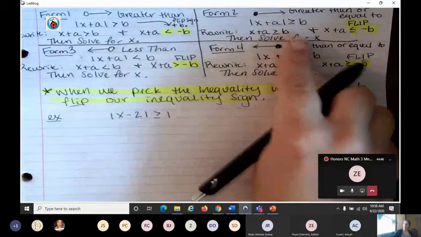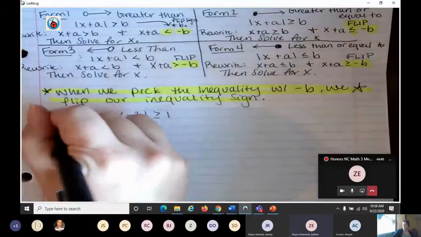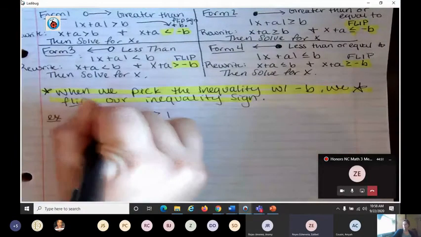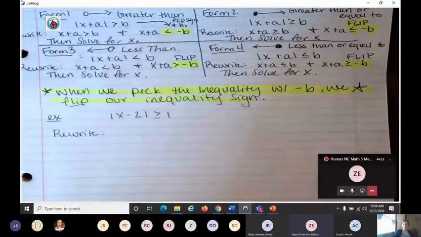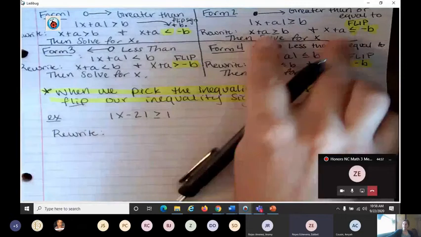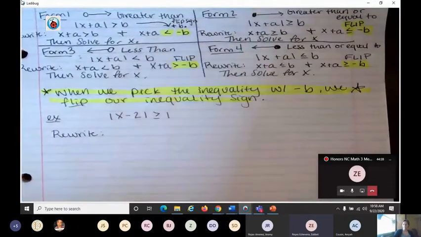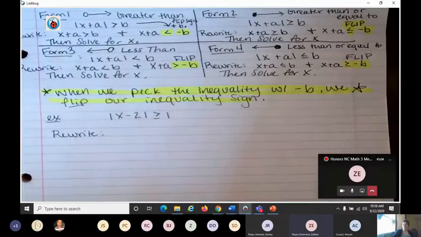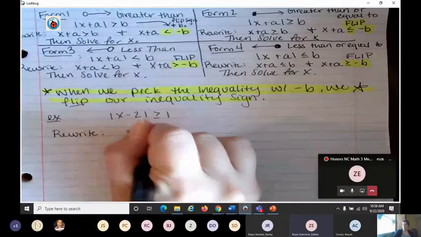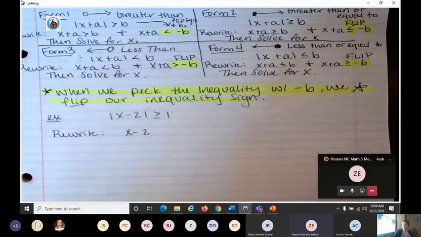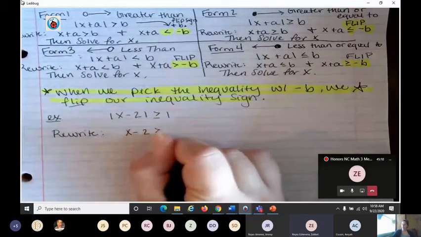Good. So can you tell me how to rewrite this inequality? You want to split it up like that. X minus 2 greater than or equal to, right?